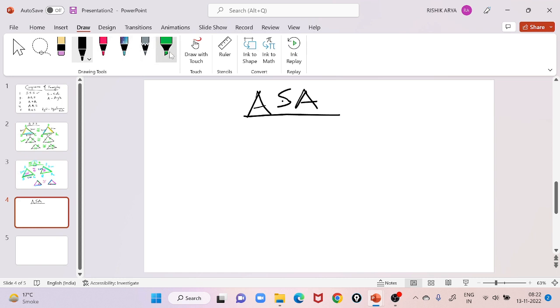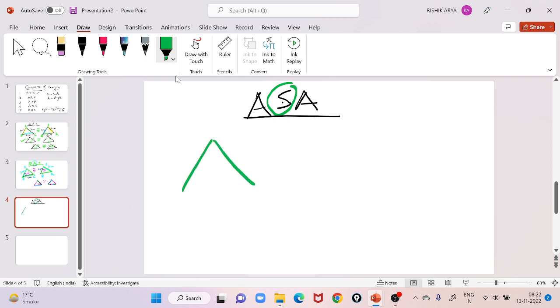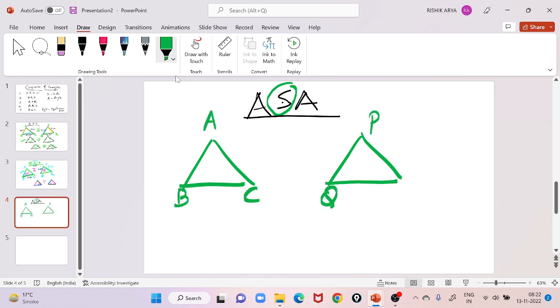In this case also you can see that the side is lying in between these two angles. So if we consider any two triangles, let us suppose this is triangle ABC and this one is PQR.